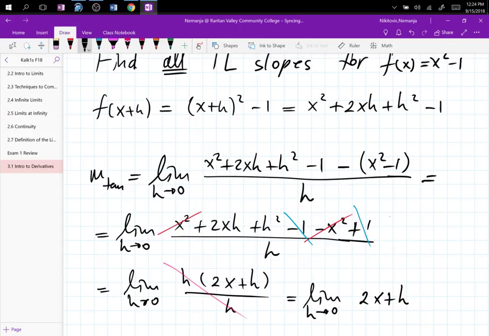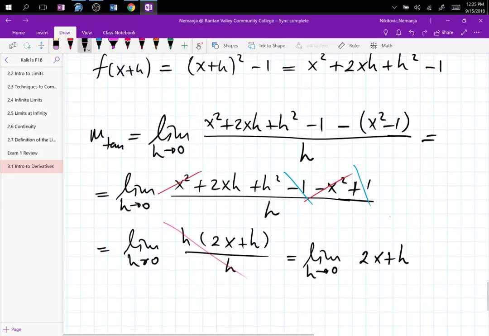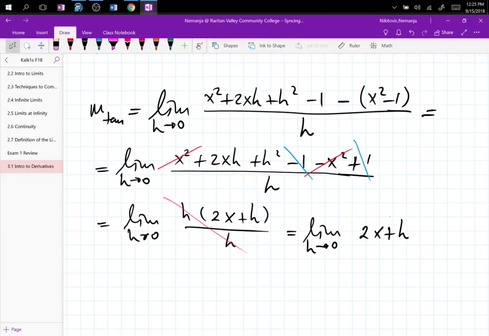What is your main variable in the eyes of the limit? h. In this problem, the limit operates on h, not x, because it's h goes to 0, not x goes to 0. There is the next pitfall for you.